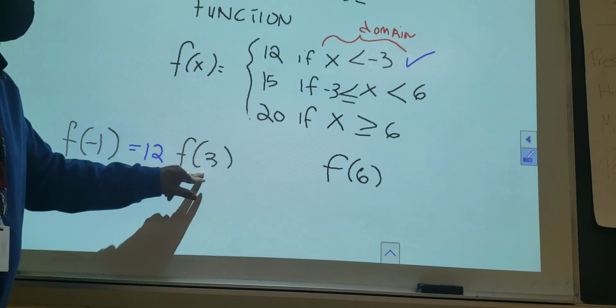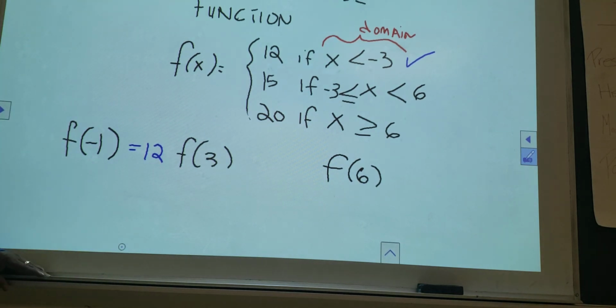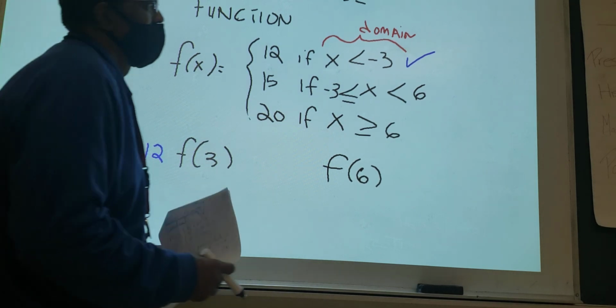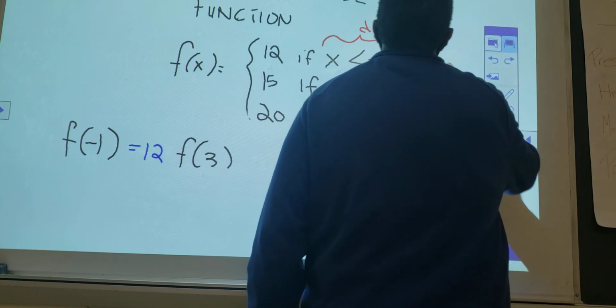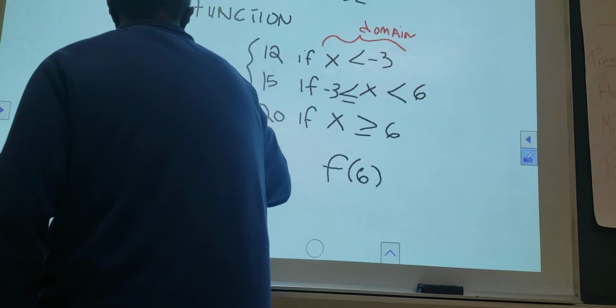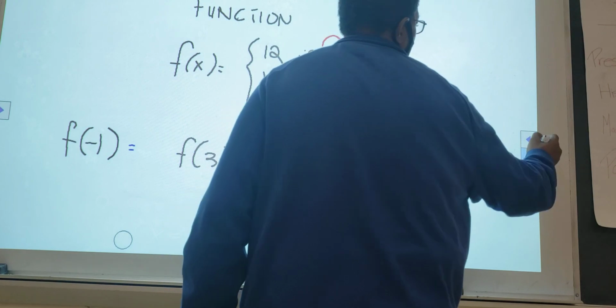All right, what about this one, guys? f of x is 3. Which one do you have to use? Number 2. Oh, wait a minute. Let me check something, guys. Make sure that's right. Oh, that's not right. I'm sorry, I made a mistake, which I do occasionally. So who said 2? Me.